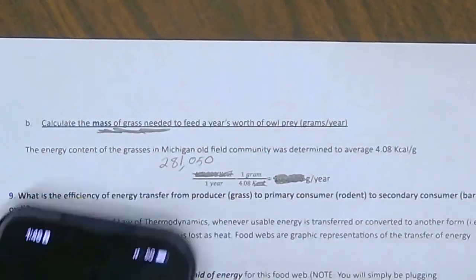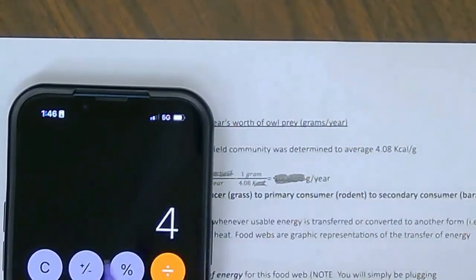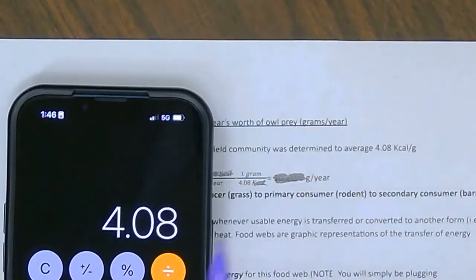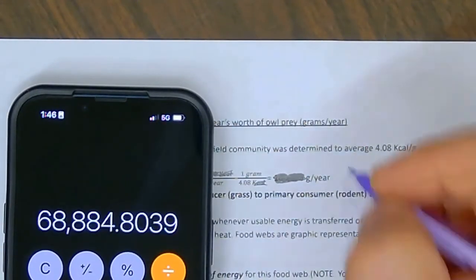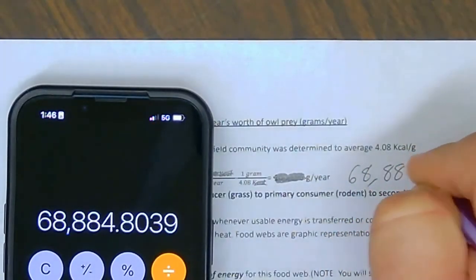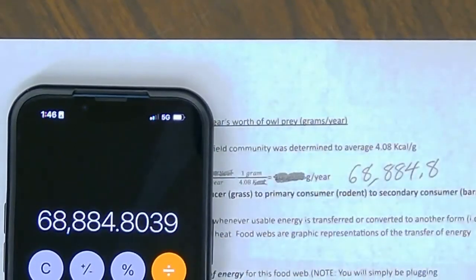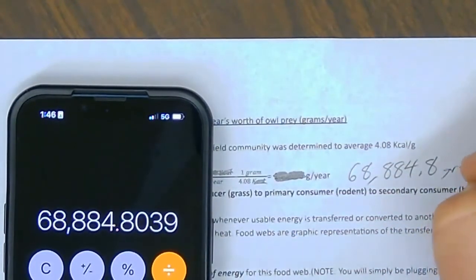Times 1 would be the same number. So we're going to divide it by 4.08, which gives us 68,884.8. And again, that is grams per year.